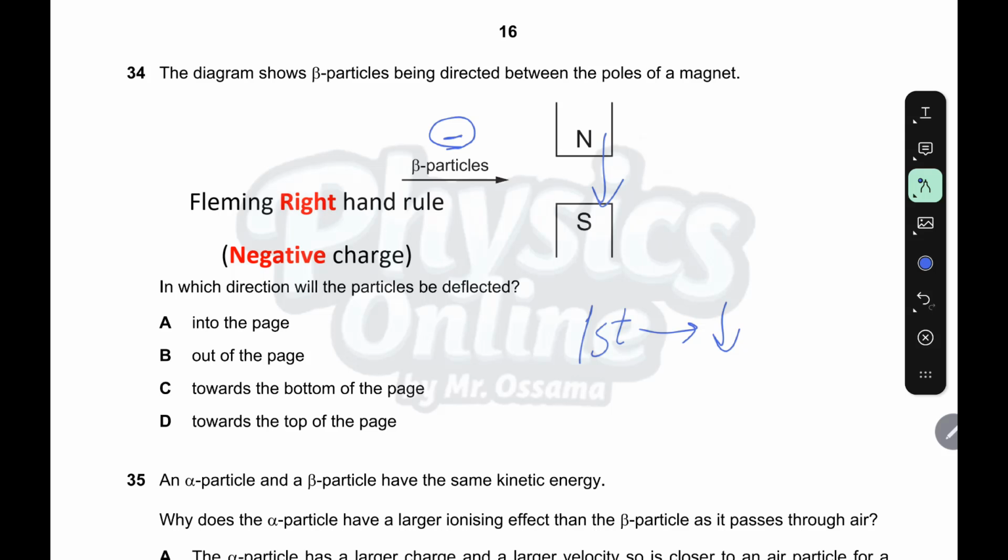The second finger is the direction of the current or the particle. The third finger, the thumb, is the direction of the force, which will be out of the page.